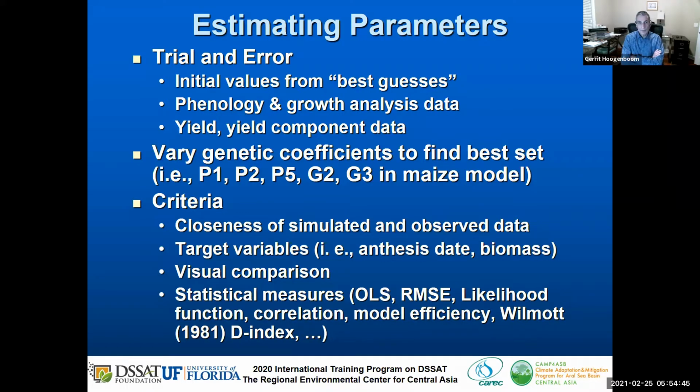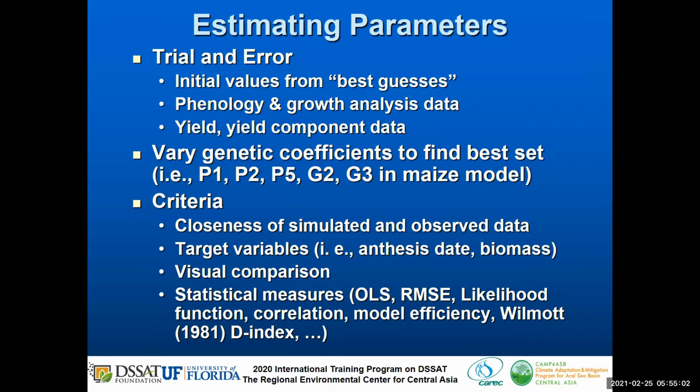Then once we come up with these best guesses for these initial values, we're going to vary each one of these genetic coefficients to find the best fit for the particular model we're working with, so the particular crop.